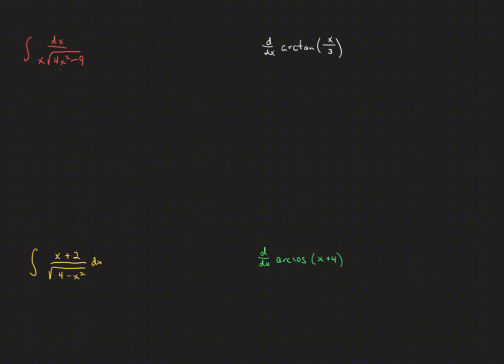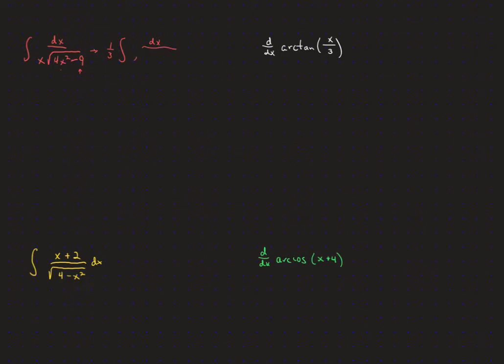So in order to make that an arc secant, we're going to factor a 9 out of the radical to make that be a 1. So the 9 is going to come out of the radical as 3, and all the way outside the integral as 1/3, since it's in the denominator.